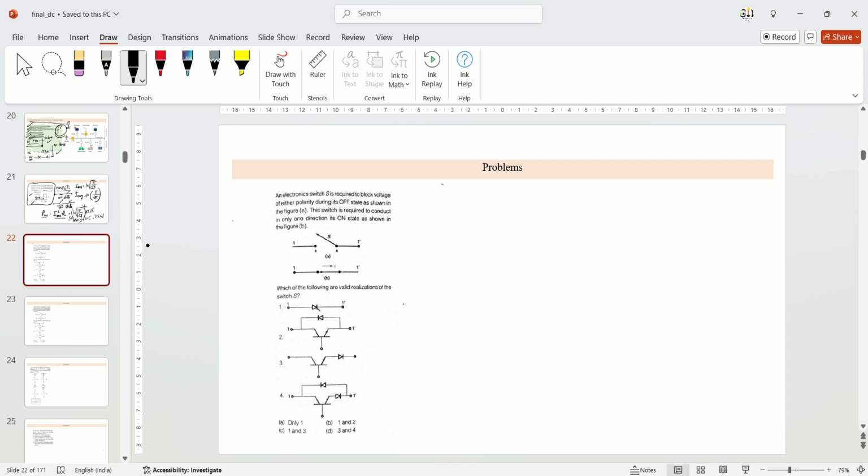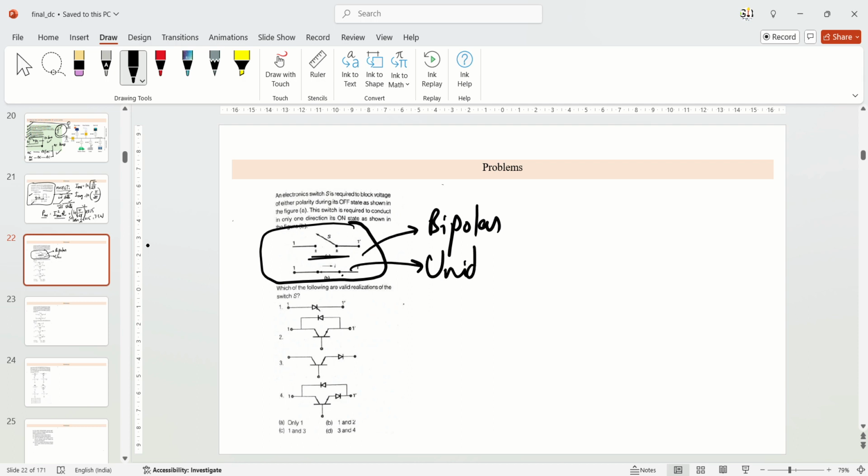The next question is related to valid realization of a switch. Suppose this switch is blocking both kinds of voltages, so it's a bipolar switch, but the current is flowing in one direction only, so it's unidirectional. So it's a bipolar unidirectional switch.